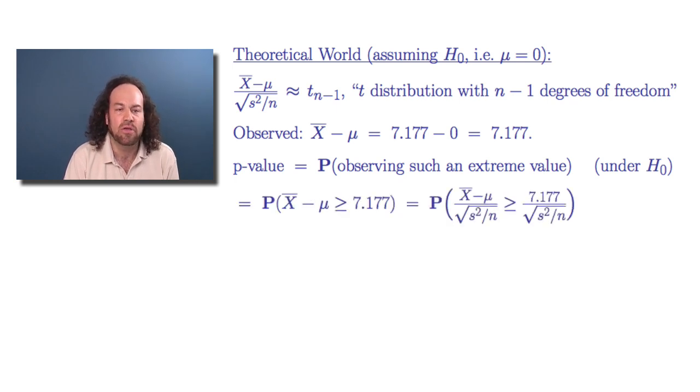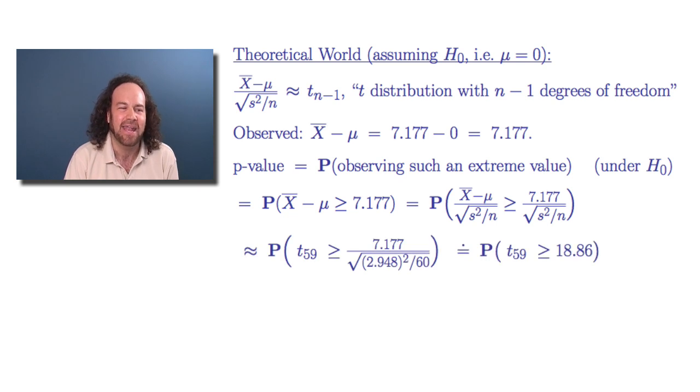Well, we compute the probability that x bar minus mu is at least as big as 7.177. We can again manipulate both sides by dividing by the square root of s squared over n. And now we've got a quantity whose distribution we know is this t sub 59. And the question is, what's the probability that that is bigger than or equal to, in this case, 18.86?